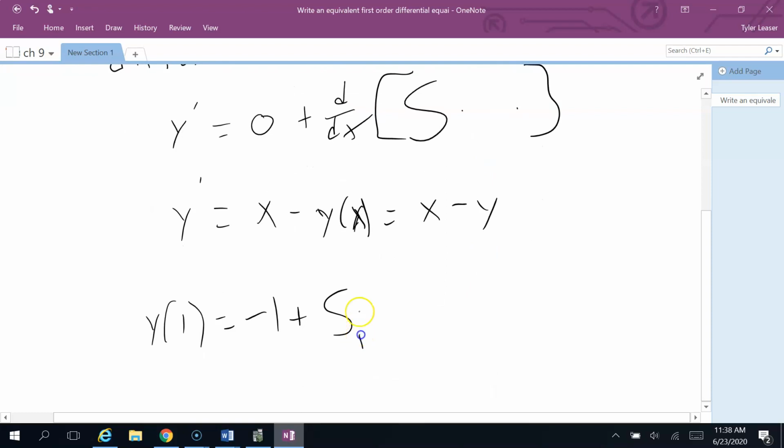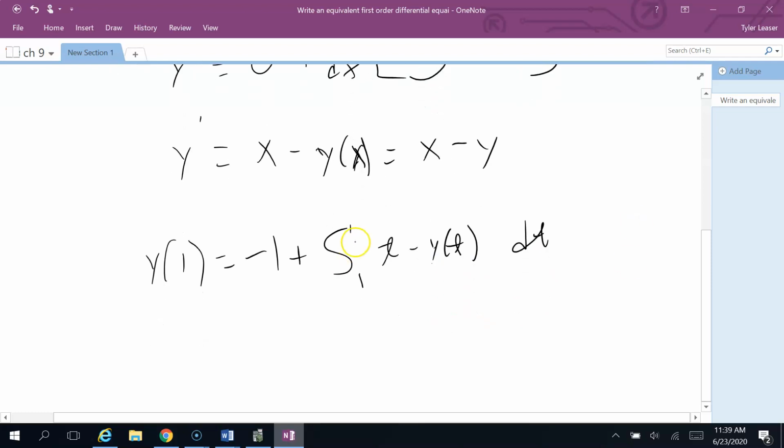So it's the integral from 1 to 1 of t minus y of t dt. This, I hope, looks familiar to you. Anytime you integrate from a value to the same value, it's just 0, right? Because this is supposed to be area under the curve, but if there's no horizontal distance, then there is no area. So we get that y of 1 is equal to -1.